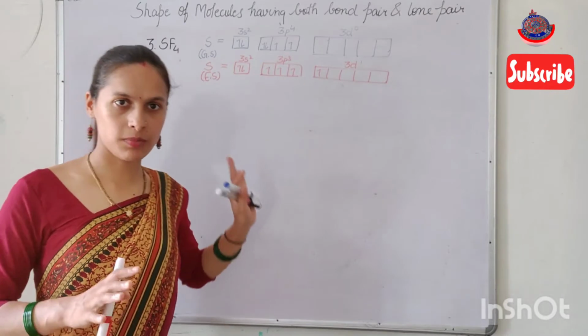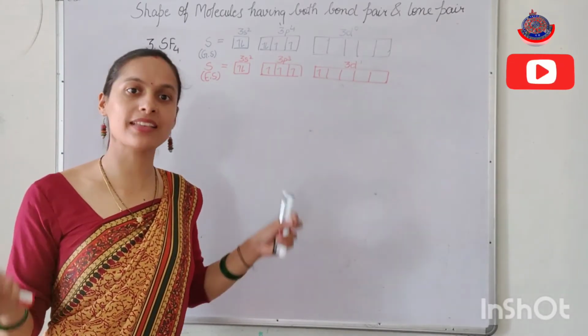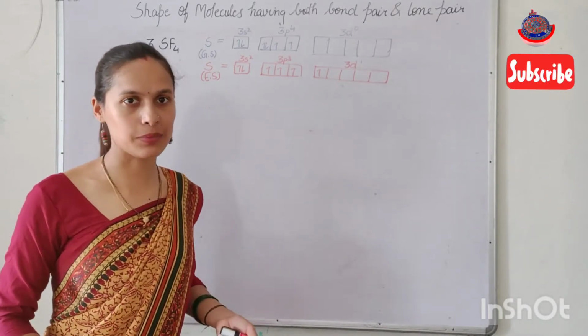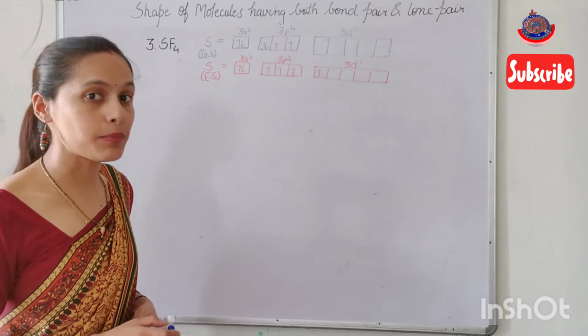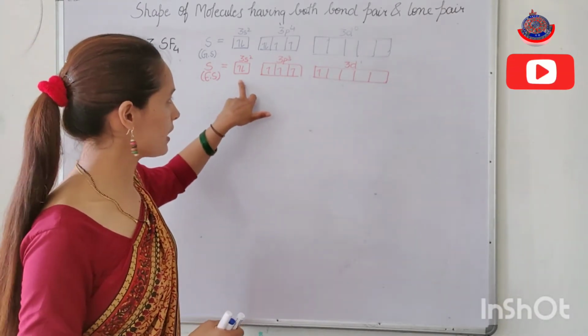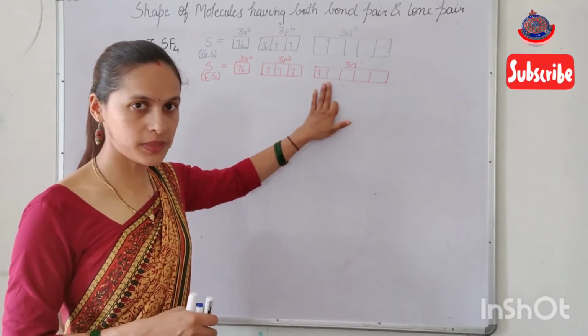So this electron remains the same, but without S, hybridization is not possible. So s has to be there in the hybridization and these 4 have to be there in the hybridization. So the hybrid orbital formation results from the mixing of these 5 orbitals.